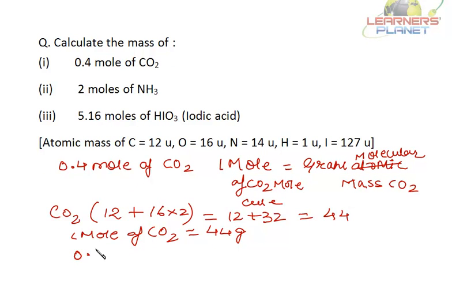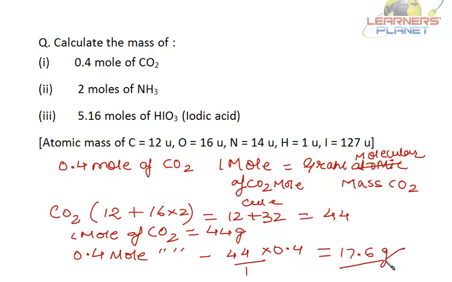So for 0.4 mole of CO2, the mass will be equal to 44 divided by 1 into 0.4. You can calculate it. So what will be the mass of 0.4 mole of carbon dioxide? It comes out to be 17.6 grams. Likewise, it's asking 2 moles of ammonia. First of all, find out the gram molecular mass of ammonia quickly in your paper.